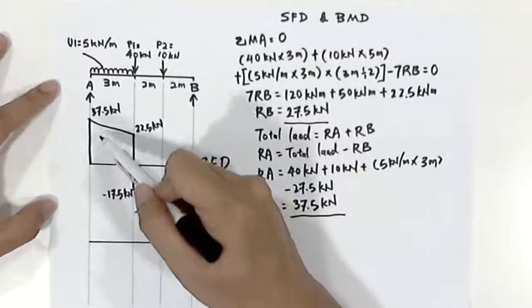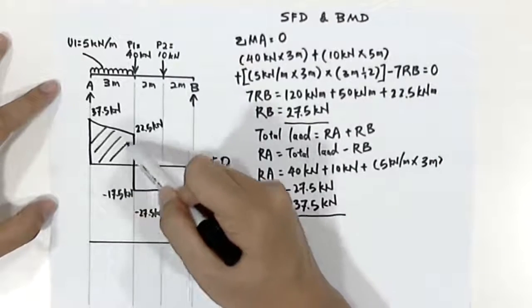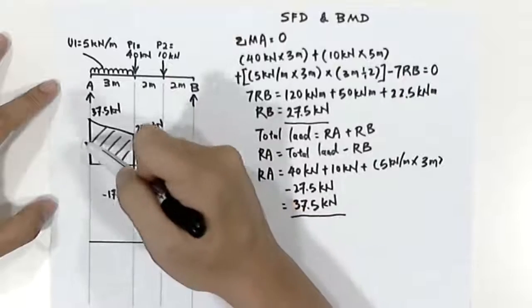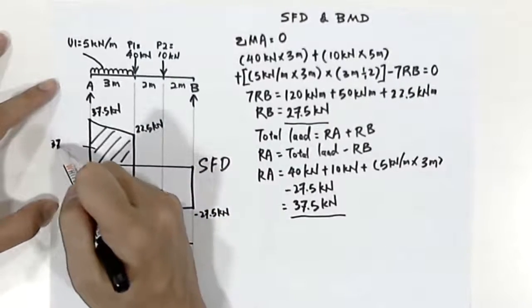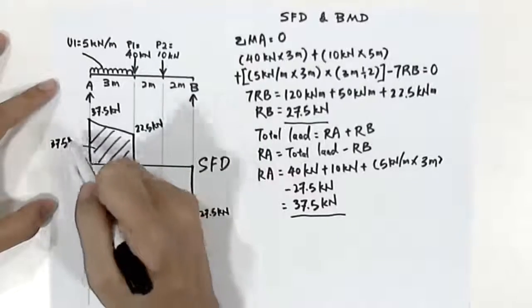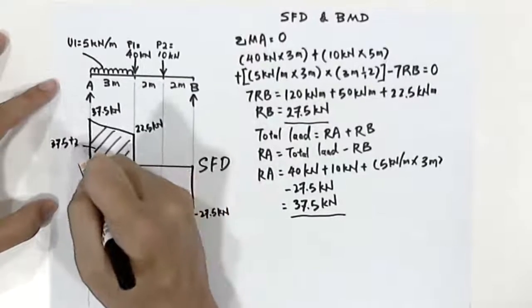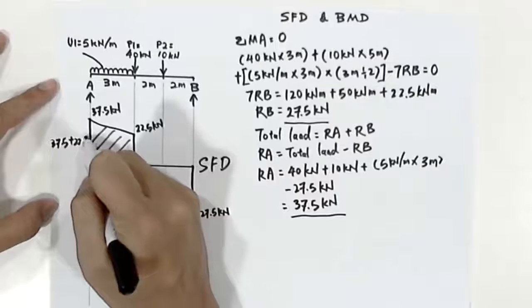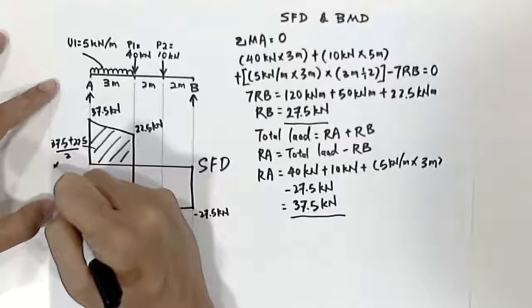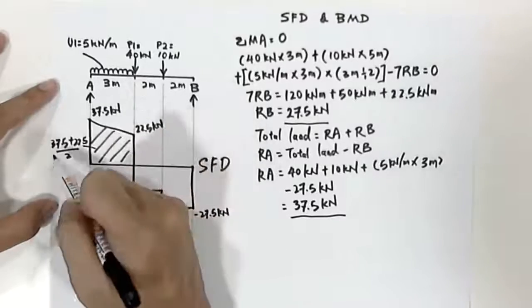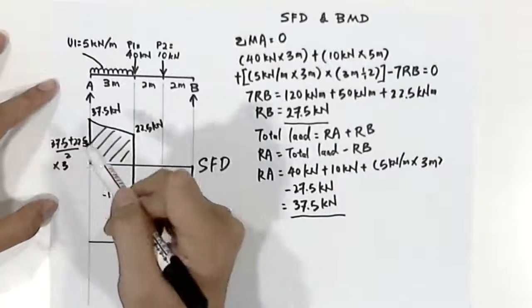So let us try to calculate the area for this zone, which is 37.5 plus 22.5 divided by 2, then times the span 3.